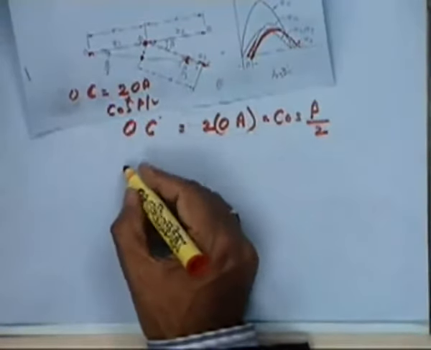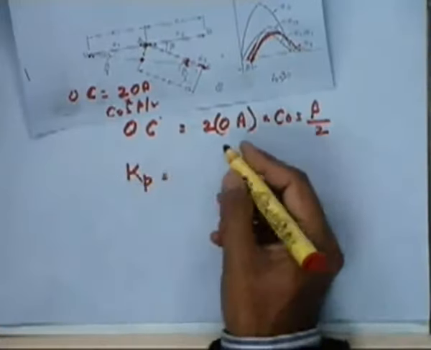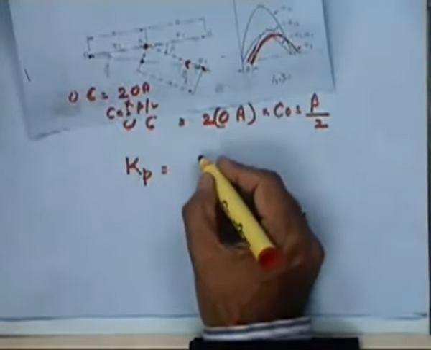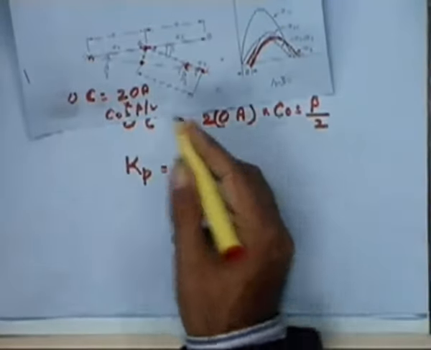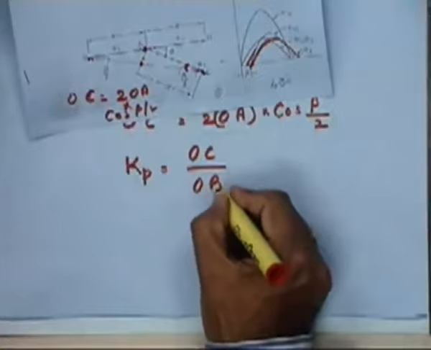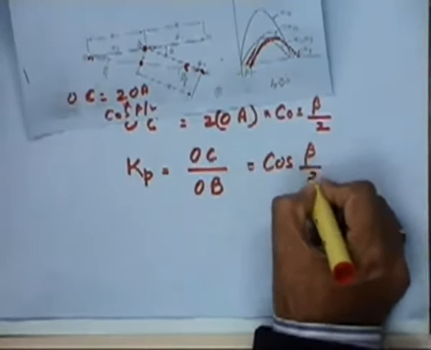Now, if we define a term called Kp as a pitch factor, that is the voltage induced in a short pitch winding, that is OC, and a full pitch winding, that is OB, that is given by cos beta by 2.